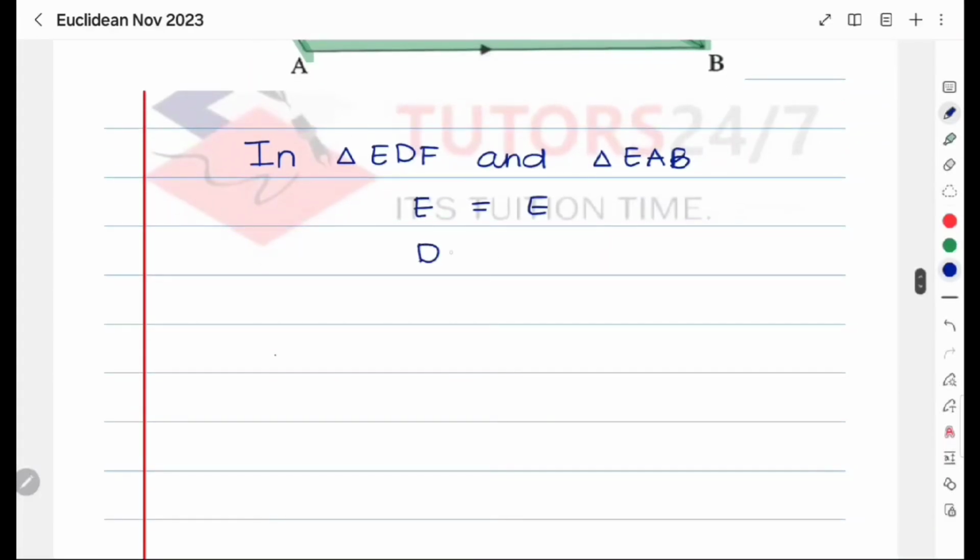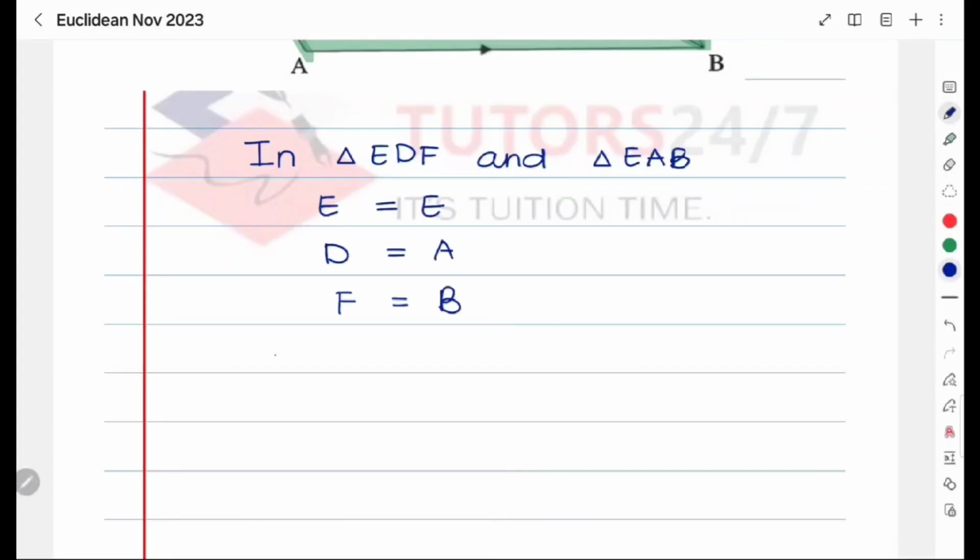The second angle is equal to the second angle. And the third angle is equal to the third angle. So that's just the general setup. We need to go and be a bit more specific. Which angle E is it? Is it E1, E2, etc.? Which angle D and A and F and B is it? Is it D1, A2, F5, B3? We need to be a bit more specific.